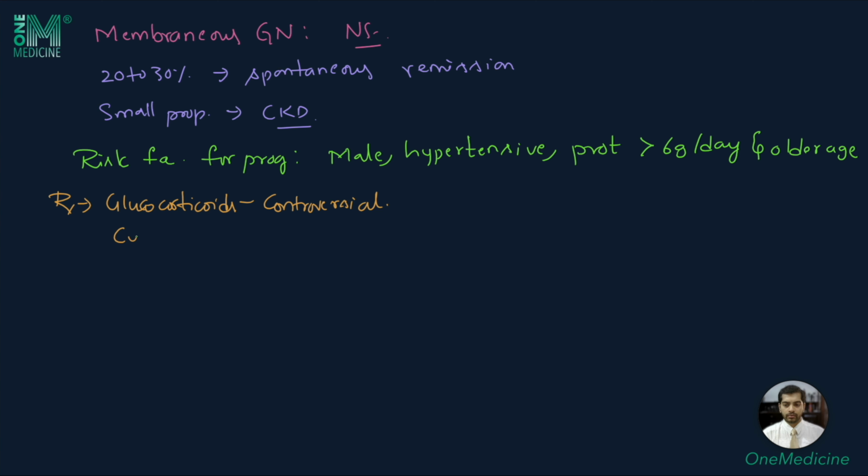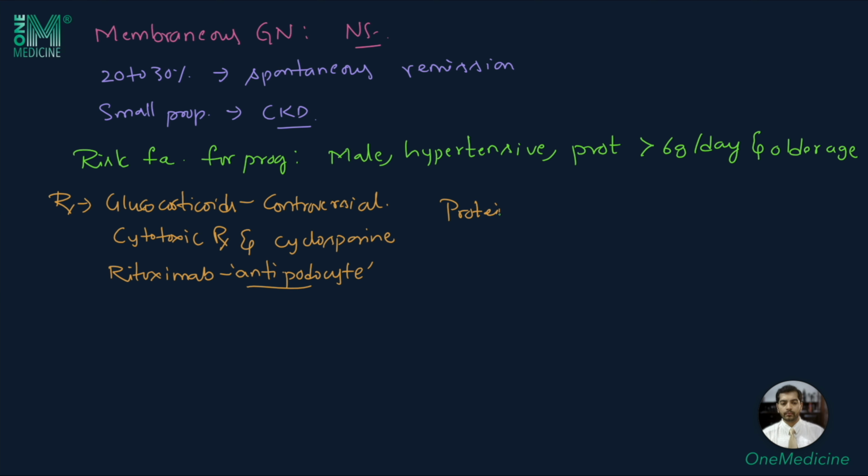Promising results are seen with cytotoxic therapies and even cyclosporin. Rituximab can be used whenever there is anti-podocyte antibody that is present. Proteinuria is treated with ACE inhibitors or ARBs.